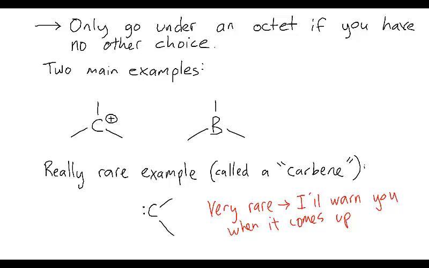These other two examples, this one we call a carbocation. Any idea where that name might come from? It's carbon and it's a positive ion. The name for a positive ion is cation. So carbocation.